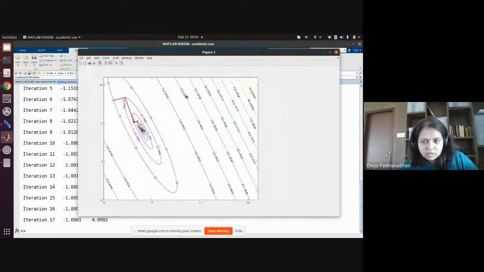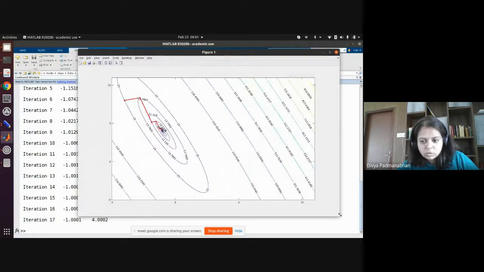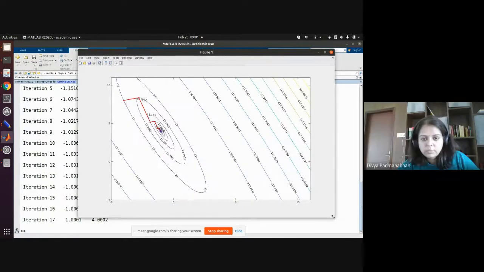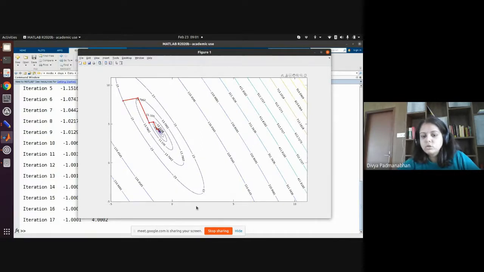Is this plot visible to you? Yes, ma'am. Okay. What I've shown here is the contours. This is the x1 and this is the x2 plane. This is the point from where I started, something like -4, 8. And this is the path. In the next step, I went along this direction by using steepest descent, and I came till here.